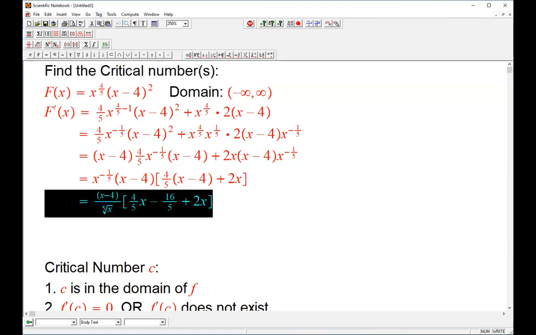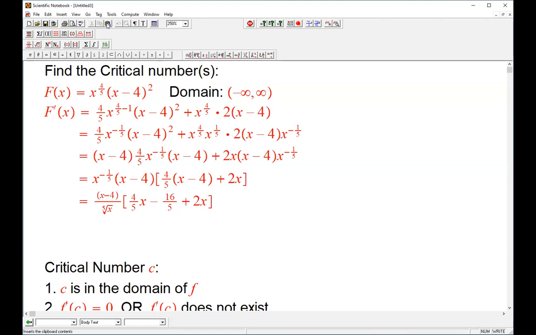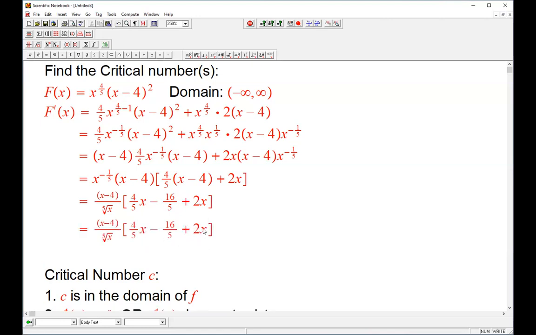And the rest, just simplify. Combine like terms. 4/5 x, 2x. 2x is, if we use 5 as a common denominator, we have 10/5 x, right? So the same denominator, so that's going to be 14/5 x.